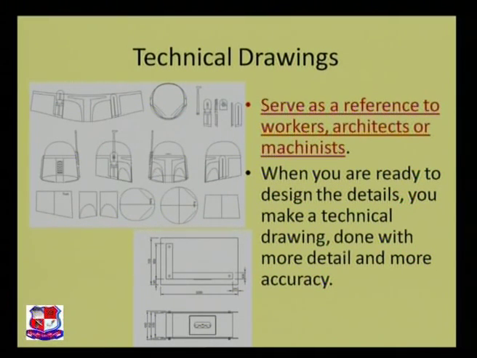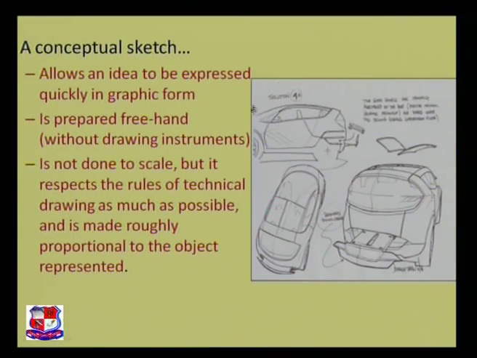Now for the same part, we are moving to the technical drawings. These technical drawings serve as a reference to the workers, architects, and the machinists. What will happen if I give this sort of conceptual drawing to a machinist who wants to machine those parts? He cannot understand what he needs to manufacture.